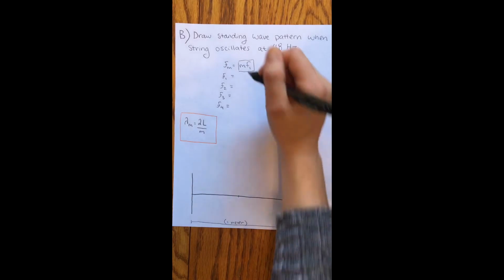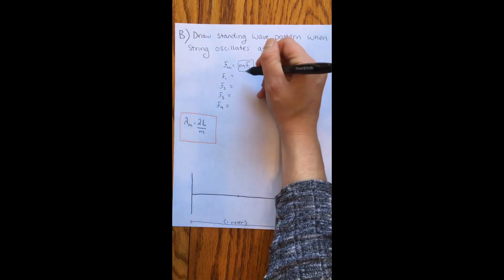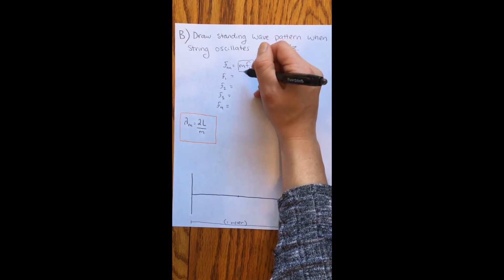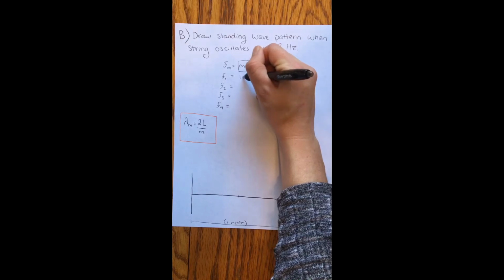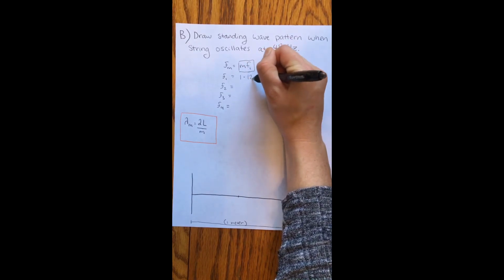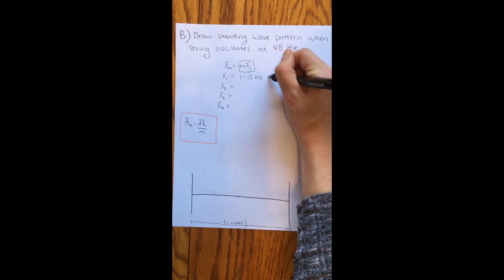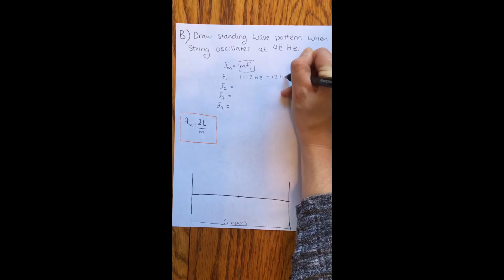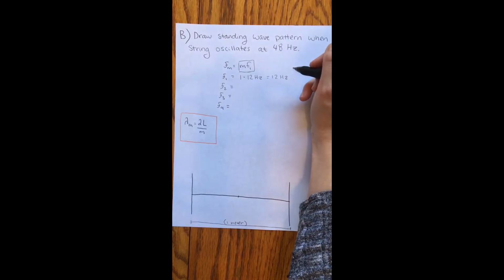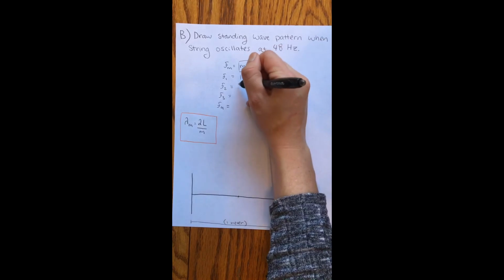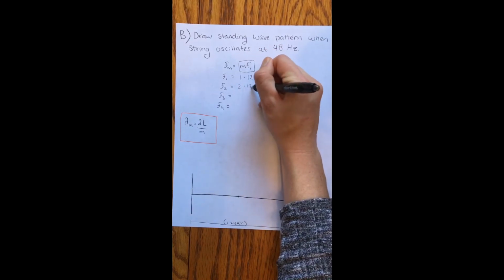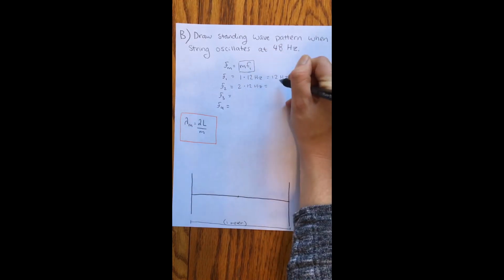And all you have to do is just input the values of m. So for F1, it's just going to be 1 times the fundamental frequency, so that's 12 hertz. For 2, just do the same thing, times 12 hertz. That is 24 hertz.